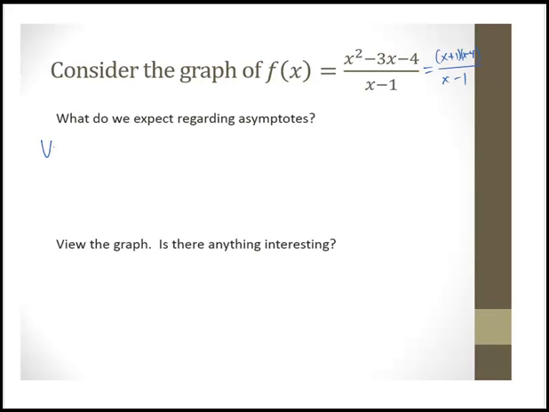We expect a vertical asymptote at x equals 1. What about the horizontal asymptote? Well, we have a degree 2 over degree 1. So since the degree of the numerator is greater than the degree of the denominator, there's no horizontal asymptote.